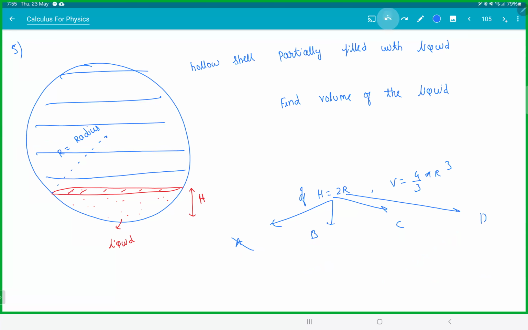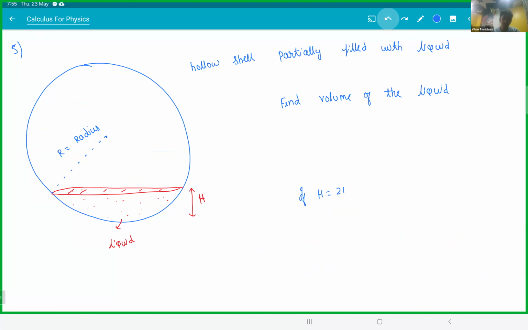Let's see how to do this. Now, Vihan, you typed some answer. Now check. If you keep h is equal to 2r, are you getting the answer? Yes, sir. You're getting it. H is equal to 0, you're getting 0? Yes, sir. Because h is equal to 0, you're not getting 0. Sir, how come? Sir, 2h is there. H is there in the numerator.